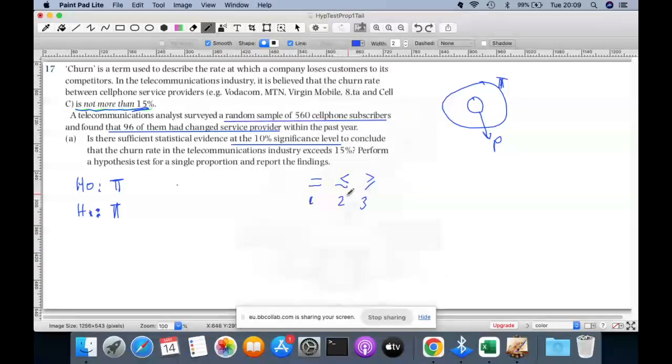Basically, tell me whether it's 1, 2 or 3. That's your multiple choice right now. Which symbol represents this here, is not more than 15%? Can you put that in the chat, please? Option 1, 2, or 3?